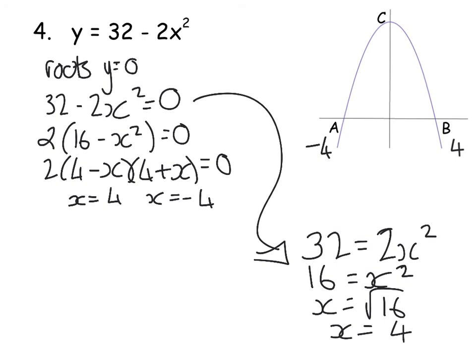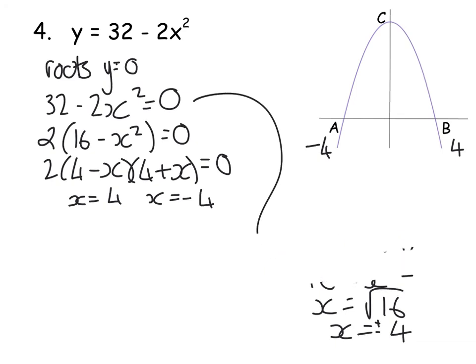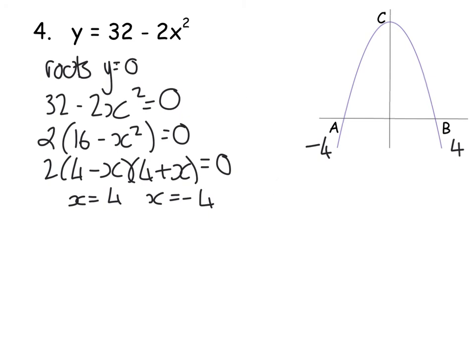So if you're going to do this method, be doubly sure that you remember there should be two answers for your roots. And the answers for the roots are 4 and -4, because the square root of 16 could be plus or -4. Okay? I don't particularly like that way, but I know a lot of people do it. But remember, we are factorising, so difference of two squares gets you the two answers straight away.